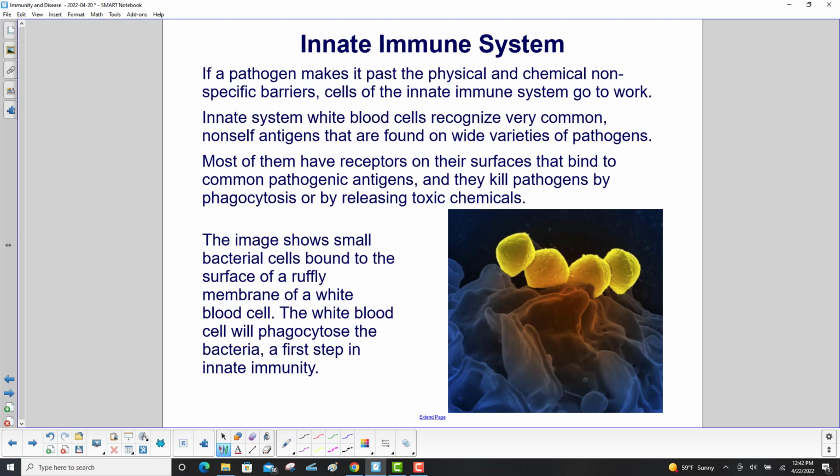Most of them have receptors on their surfaces that bind to common pathogenic antigens, and they kill pathogens by phagocytosis or by releasing toxic chemicals. This image shows small bacterial cells, these yellow things here, bound to the surface of a white blood cell. The white blood cell will phagocytose the bacteria, a first step in innate immunity.